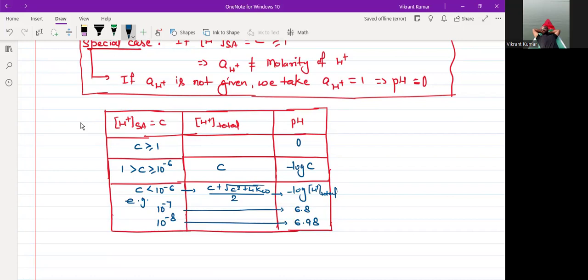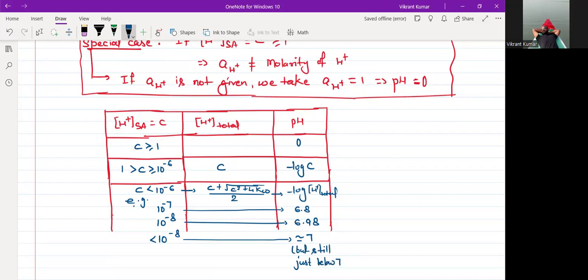If I give you one more data point, if it is even less than 10⁻⁸, then it will become very close to 7, but still just below 7.